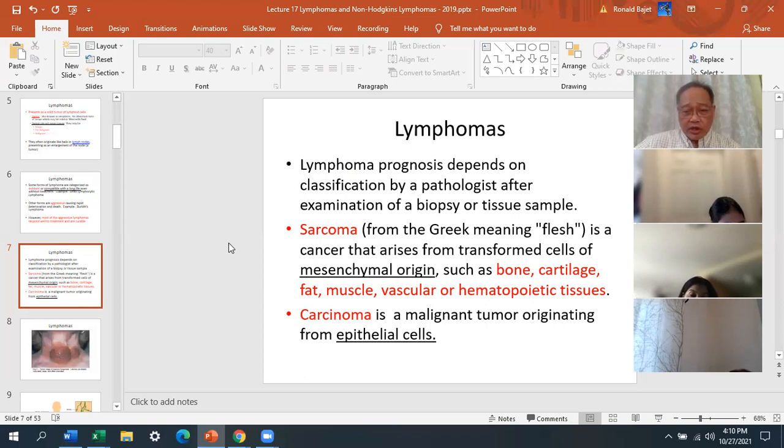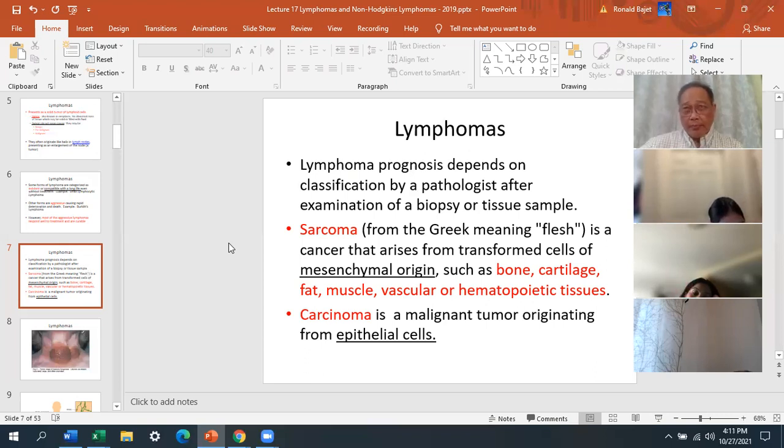Okay, definition, sarcoma. I think I mentioned sarcoma in the last lecture. It's a cancer that arises from transformed cells of mesenchymal origin. Mesenchymal origin is a term that I first picked up when I took embryology. It's the origin in the developmental stages of the embryo.